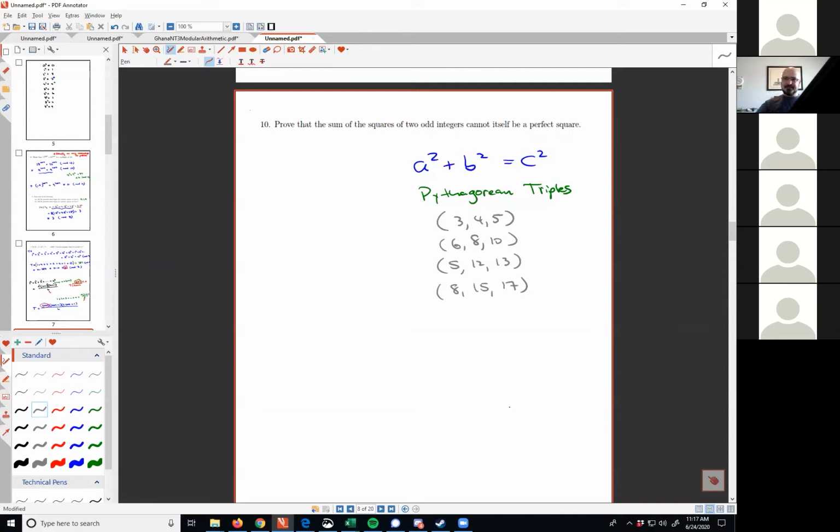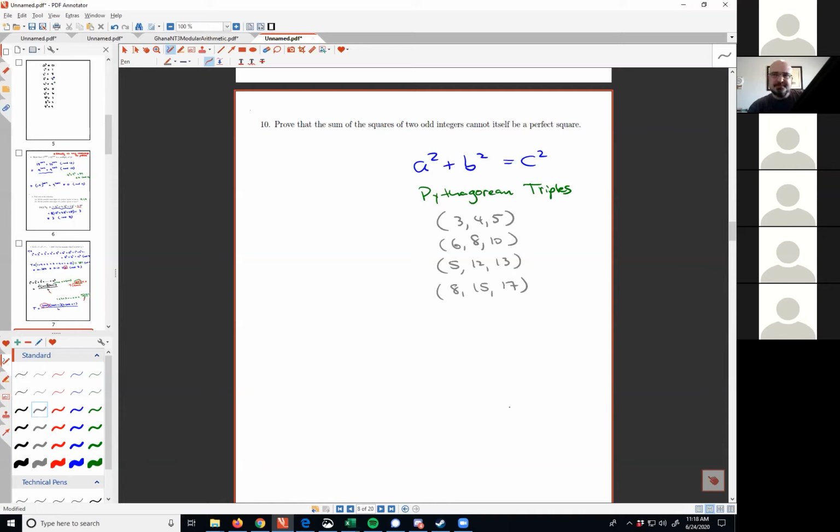So, Mr. Crawford, the Pythagorean triples, is it saying that when you square two different integers and they sum to give you another squared integer, that's basically the Pythagorean triple? That's correct. That's what a Pythagorean triple is.